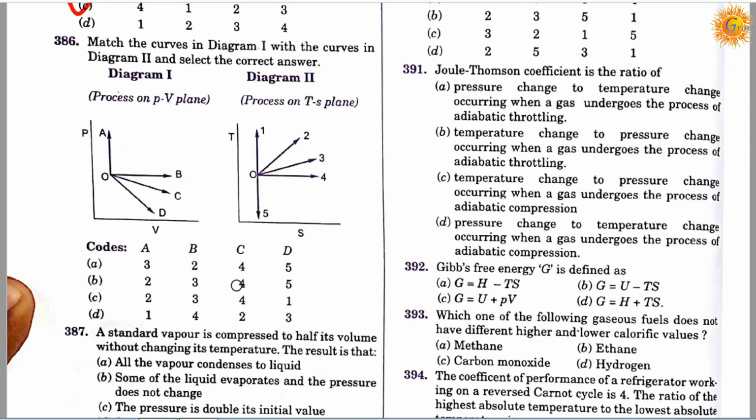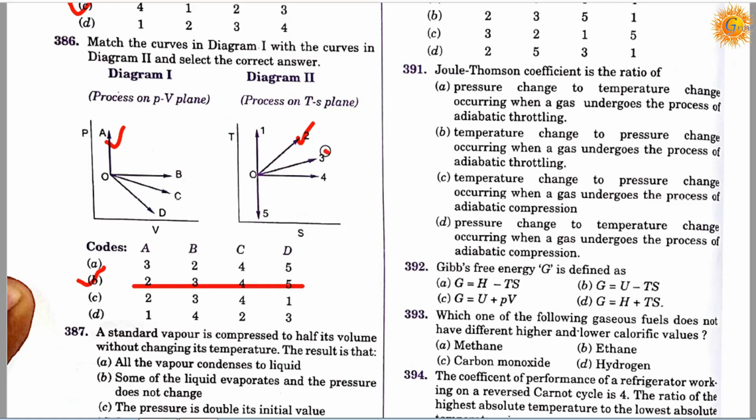We have to connect these processes. The correct answer is B, and according to option B, curve 1 of the process on the PV plane belongs to curve 2 on the TS diagram. The curve B in the PV diagram will be the third one.